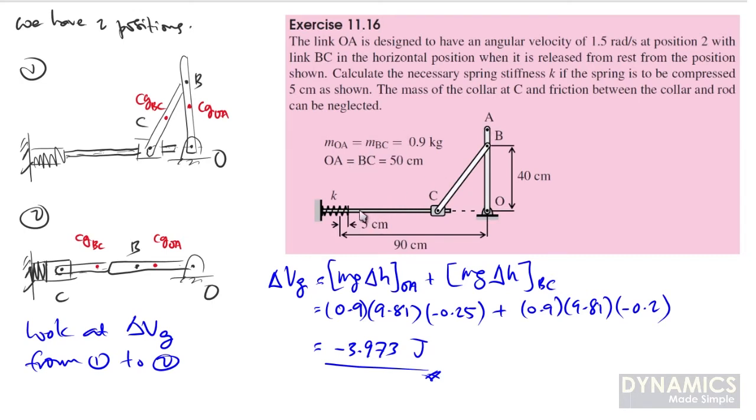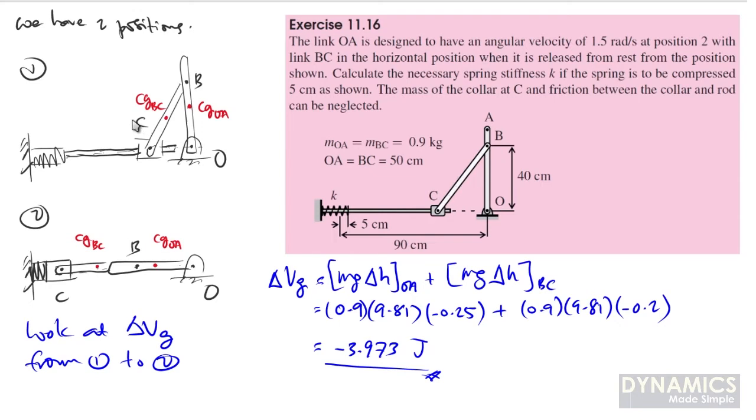We can ignore the rest, including the collar, because there's no mass attached to the collar. Member OA is a rod, and for a rod we know the CG location will be in the middle of the rod. So we have the CG of OA here in the figure, and the CG of BC will be at the center of BC as well.